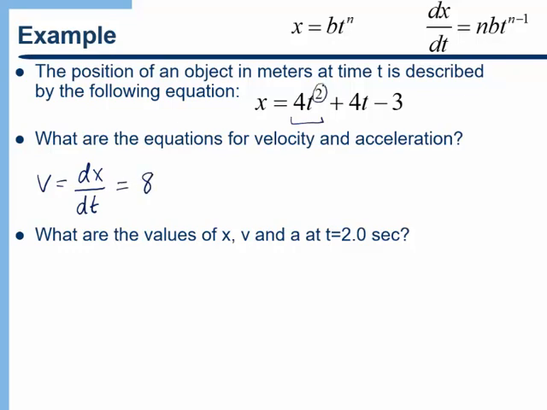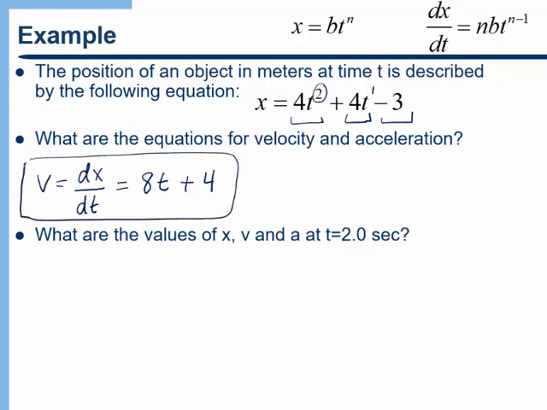I'm going to subtract 1 from the exponent, so that gets me a t. For the next term, I've got a 1 here, so 1 times 4 is 4, and then I'm subtracting 1, so I have t to the 0, which is just 1. And then again, the derivative of a constant is 0. So that would be the correct answer for the instantaneous velocity as a function of time.